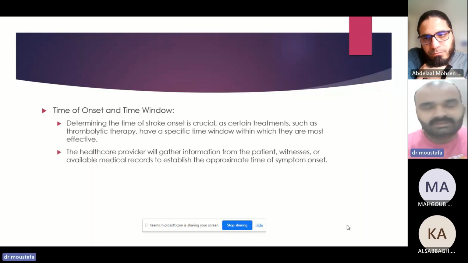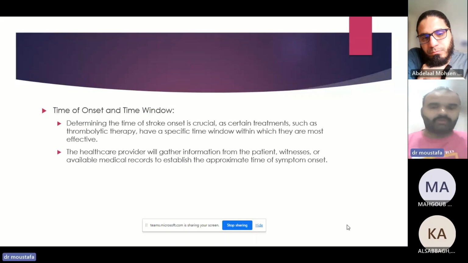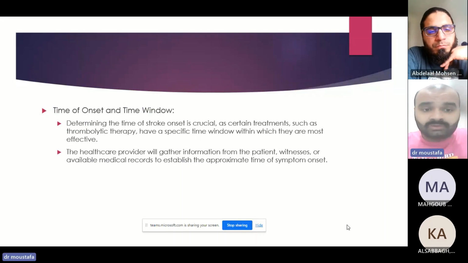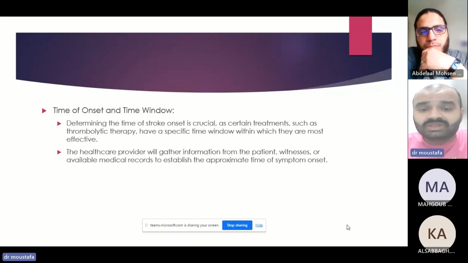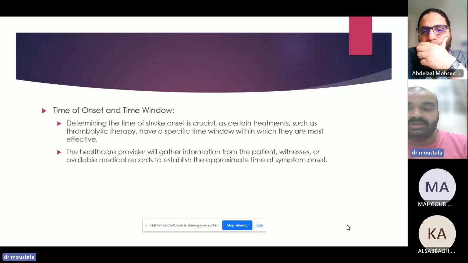Yes, that's what I was talking about recently: time of onset and time window. All right. So what I wrote is that determining the time of stroke onset is crucial, as certain treatments, such as thrombolytic therapy, have a specific time window within which they are most effective. Yes, the time window is about 4.5 to 6 hours from the start of symptoms.